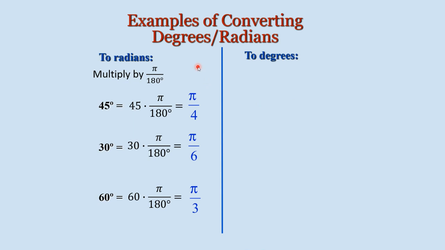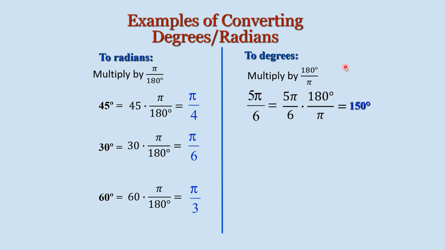So now let's convert from radians to degrees. We're going to multiply by 180 over pi, and I know if I'm going to degrees, I want to divide out the pi. So we have 5 pi over 6, and we're going to multiply by the factor 180 over pi. Notice the pi unit will cancel out, and 6 goes into 180 30 times. 30 times 5 is 150.